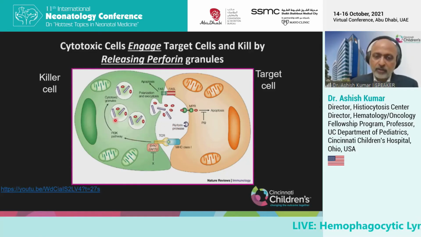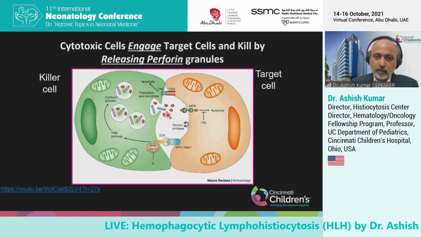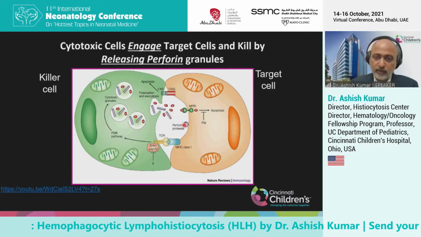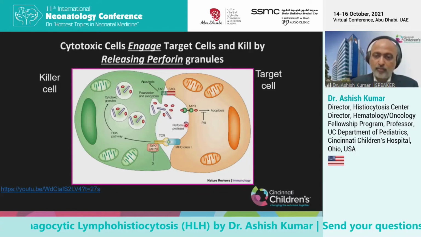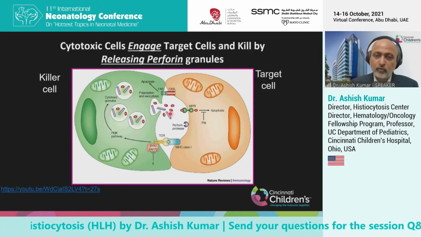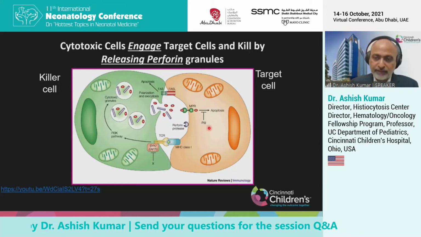And the cytotoxic cell will then release the contents of these cytotoxic granules. In these granules are 2 chemicals. One is perforin, which is a protein that makes a pore, or perforates, the target plasma membrane, through which will enter granzyme, and that will destroy this cell.